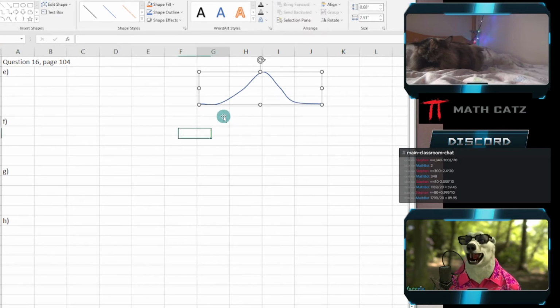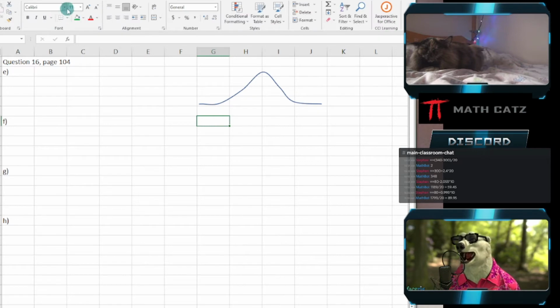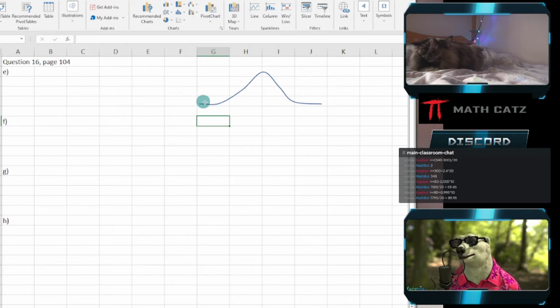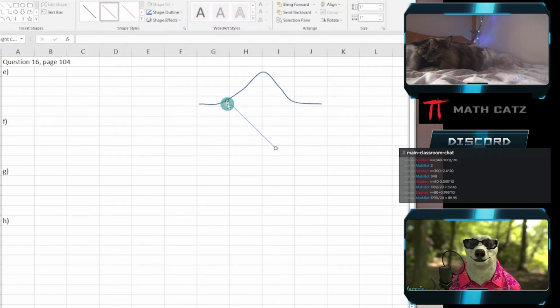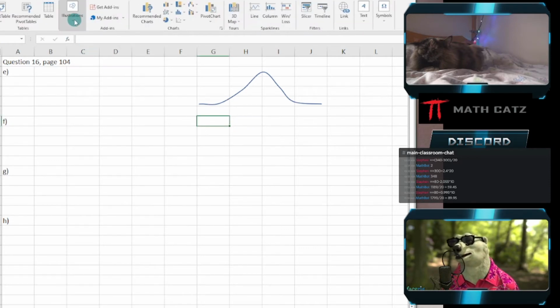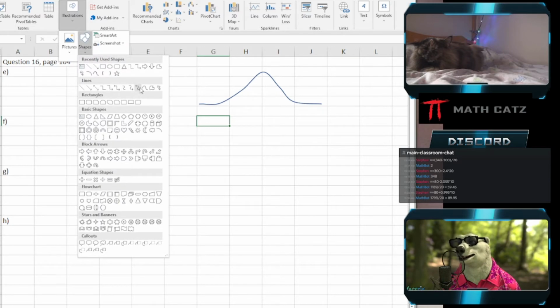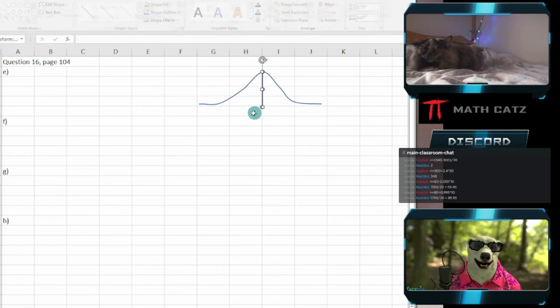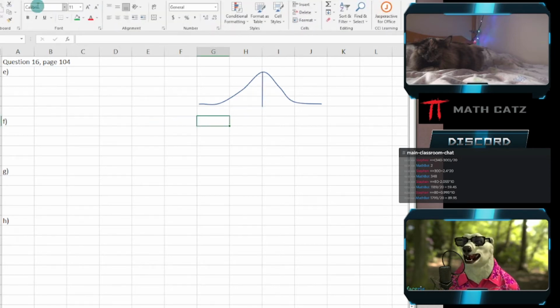I draw a couple of lines here. Like so. There's a line there.